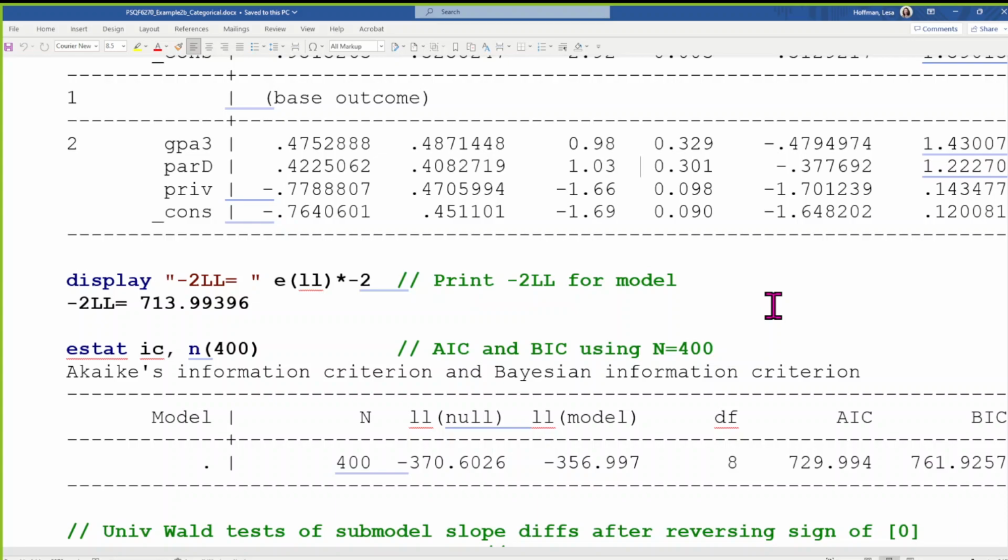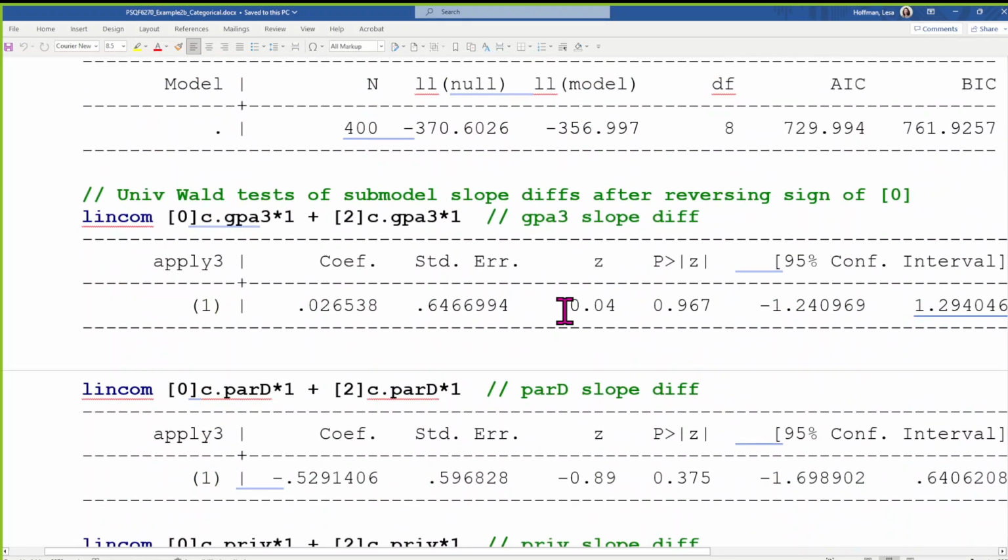So keep in mind differential power for each of these effects as a function of who was in the categories in question in that submodel. I can use lincom, which stands for linear combination, to test differences across submodels in the size of the effect.